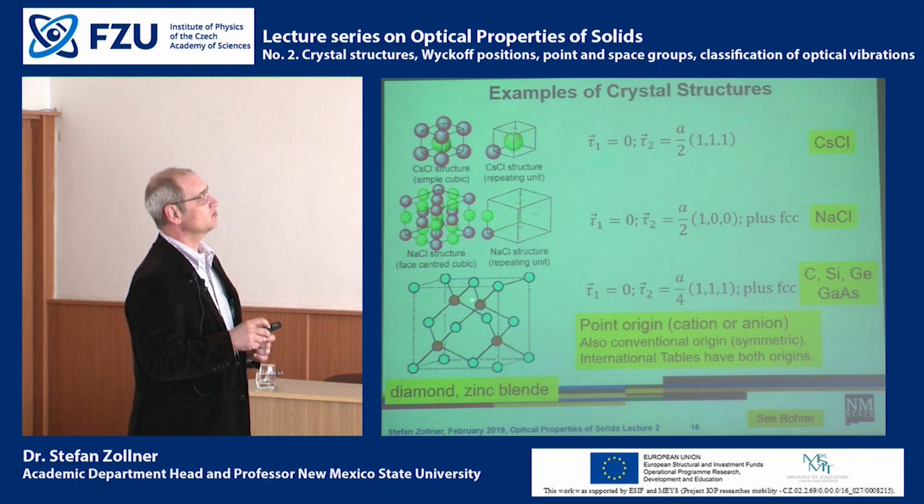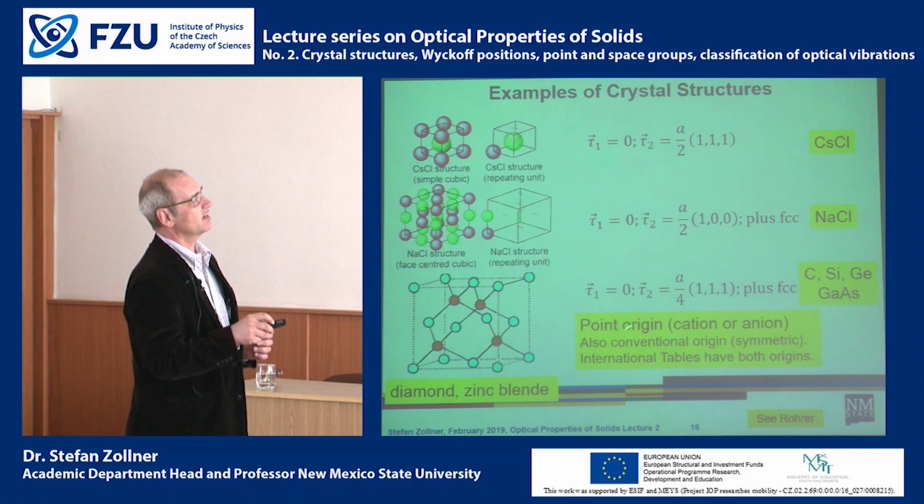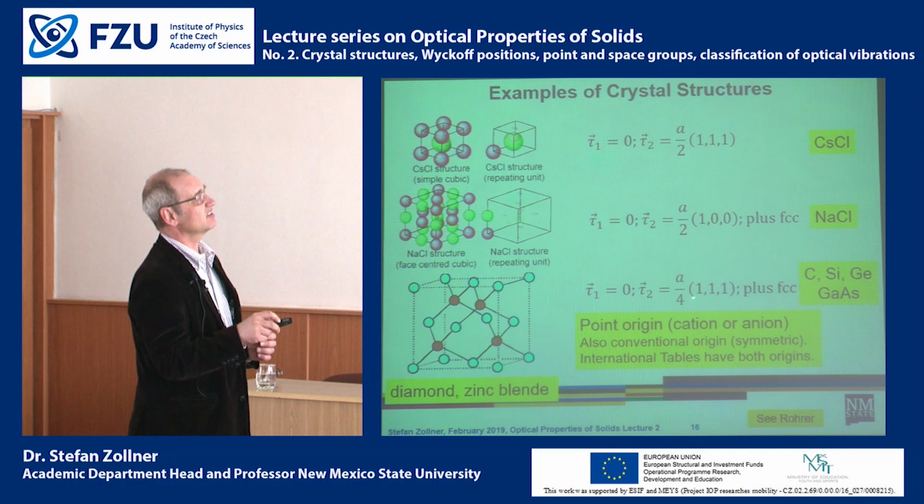And the third cubic example that I want to show you is the diamond or zinc blende structure. And it's very similar to the sodium chloride structure. It is also FCC, but now instead of having the second atom shifted along a cubic axis, in this case, the second atom is shifted along the body diagonal by a quarter of the body diagonal.